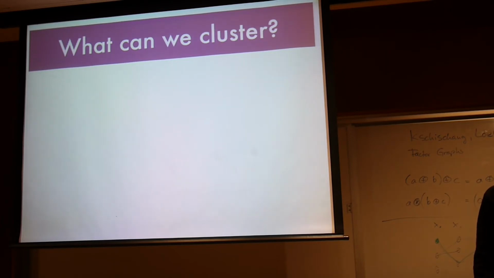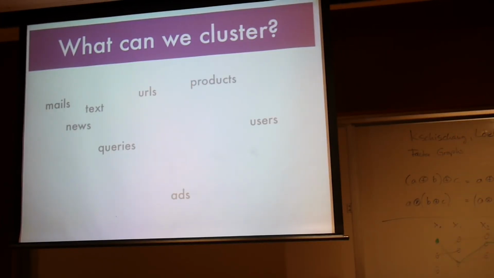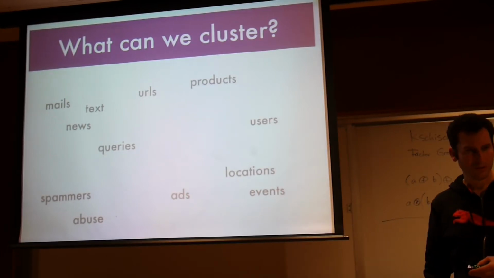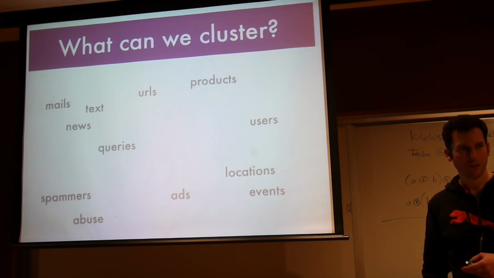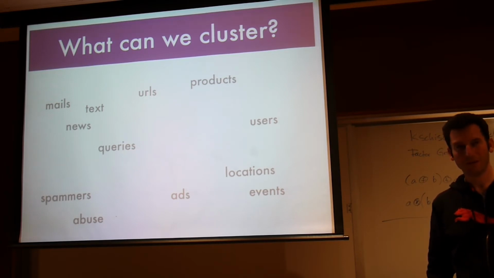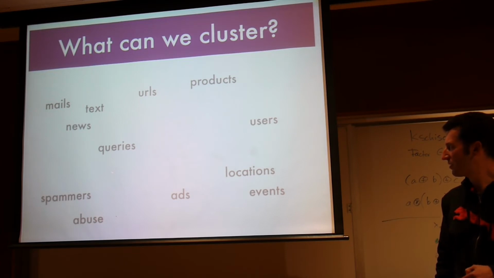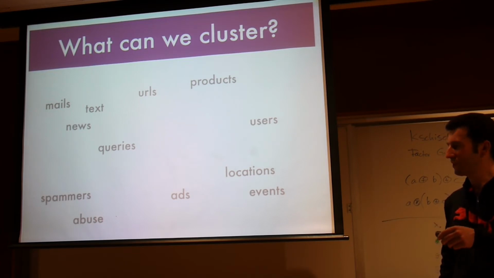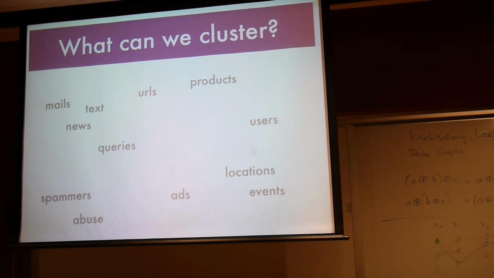So, what could you cluster? Well, actually a lot of things. And basically, whenever you have a problem where you might want to hire some editors or mechanical Turkers to take your objects and categorize or group them, you should absolutely certainly look into this first and check whether this isn't actually a good solution to your problem.